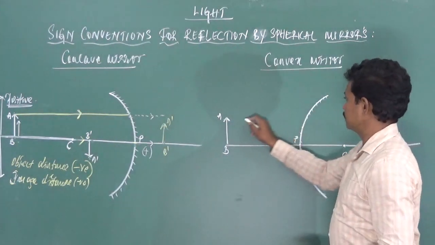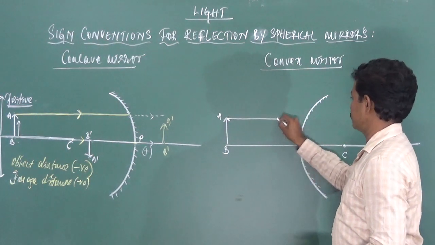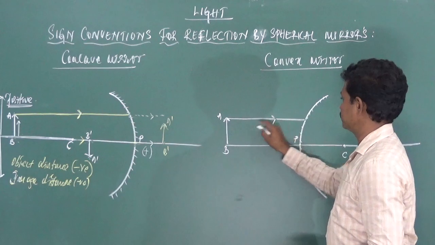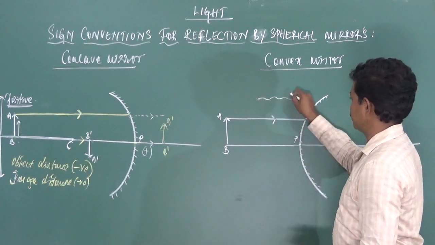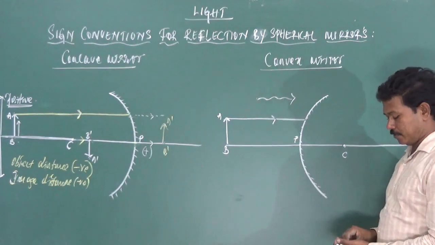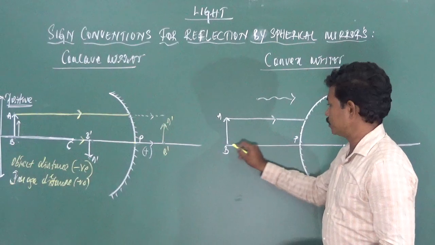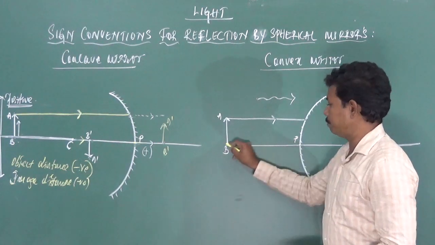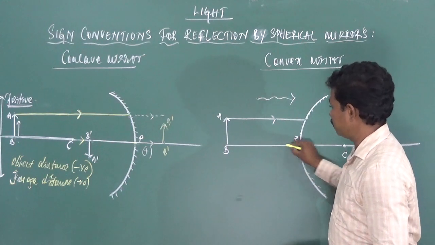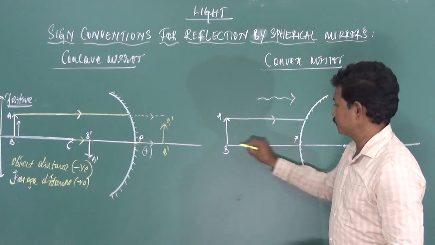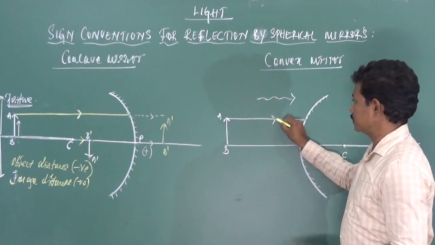Let us imagine the light rays are traveling in this direction from the object, falling on the mirror. So this is the direction of the incident light rays. Now you are taking the measurement from the pole of the mirror, that is P to B. As you are going from the pole of the mirror to the object, you are taking this measurement opposite to the direction of the incident light rays.